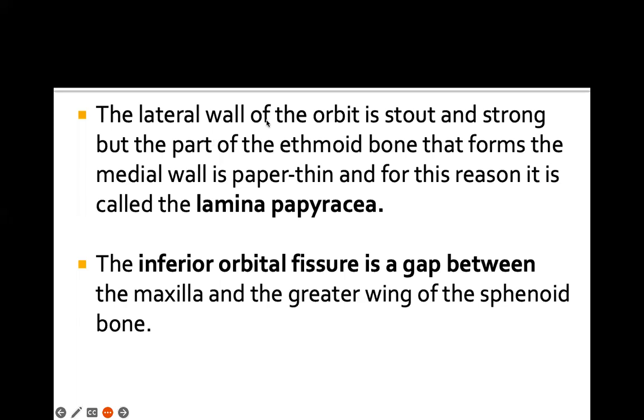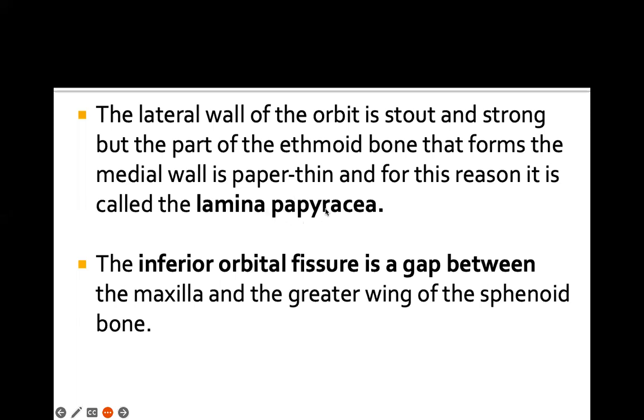Okay, so the lateral wall of the orbit is stout, as we have learned already, and strong. But the part of the ethmoid bone that forms the medial wall is paper thin. So just think of a sheet of paper. Imagine how thin it is, and this is how the medial wall is described, okay? And for this reason, it is called the lamina papyracea.